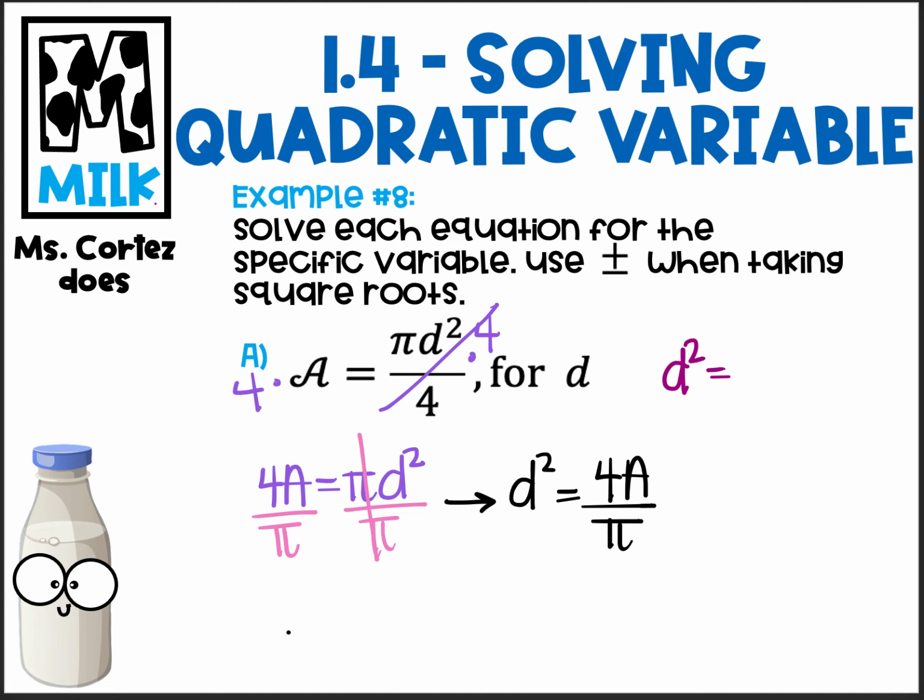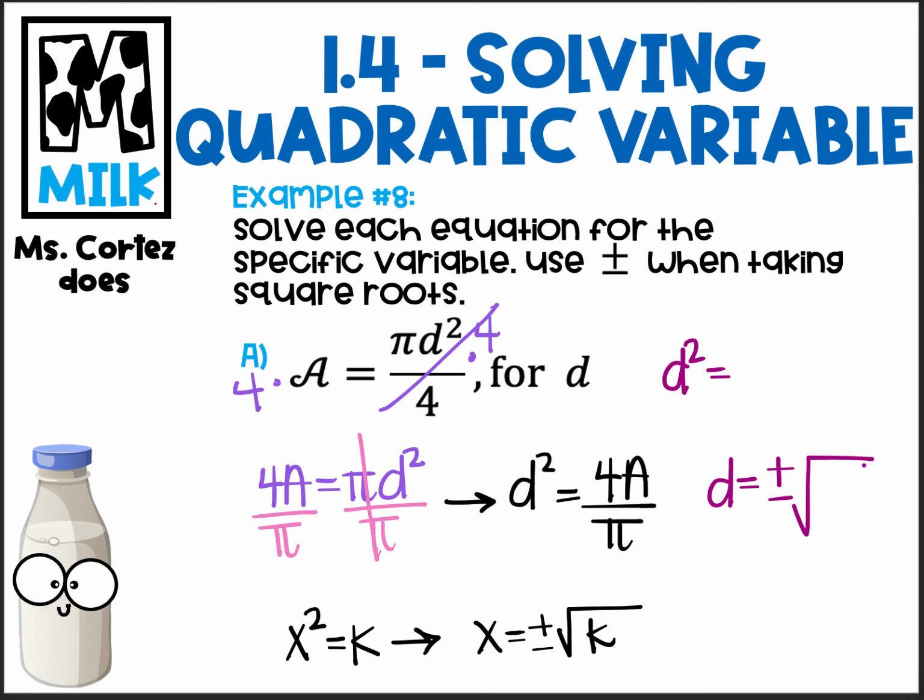As per the square root property, remember when you have x squared equals k, the solution set is x equals plus or minus the square root of k. That's what I'm going to try to do here. I'm going to say d is equal to the positive and negative square root of 4a divided by pi.